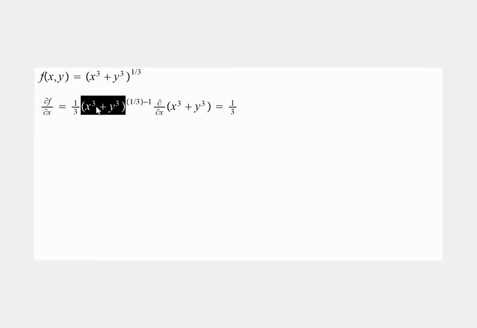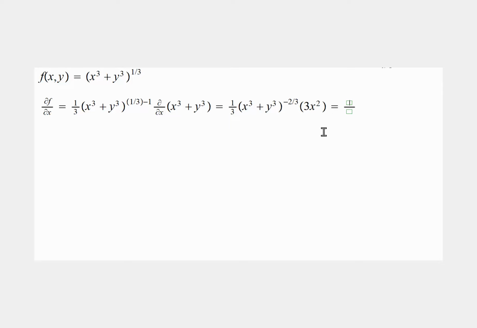So here we have this to the power negative 2/3, and then times 3x squared, because we are treating y as a constant.